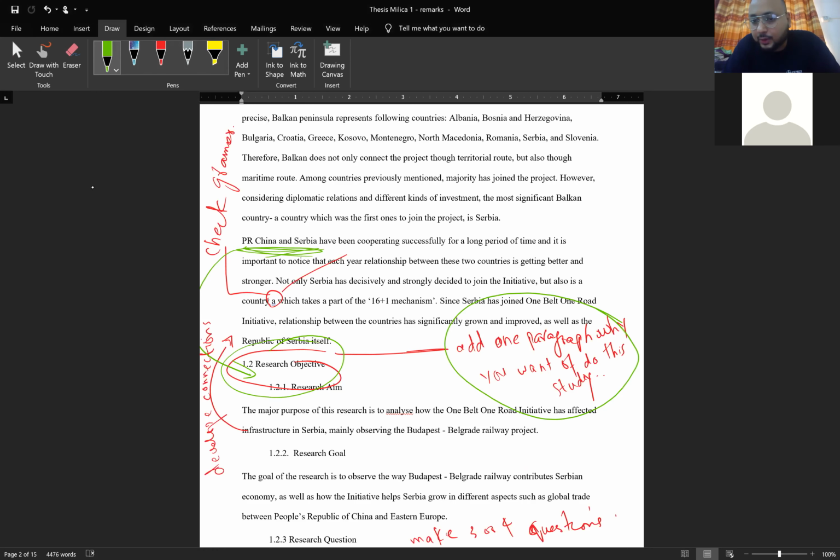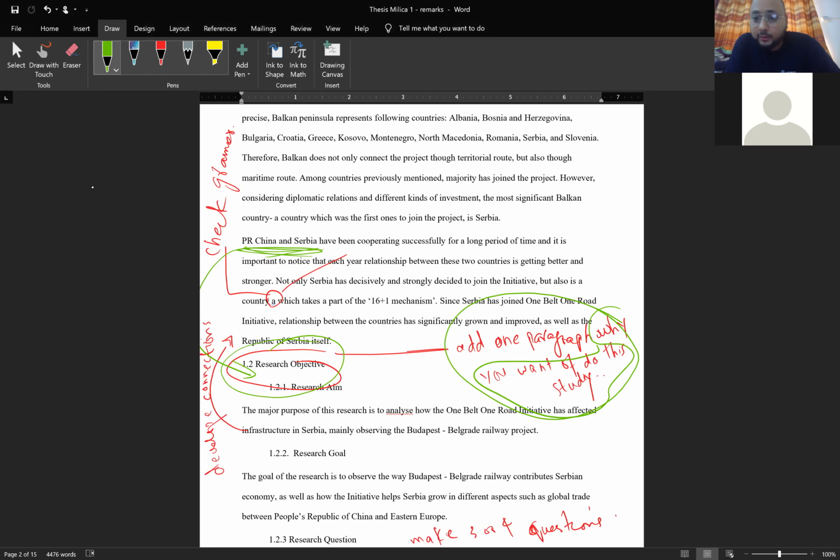Basically you have to mention the answer to why you want to do this study. The above studies shed some light on the importance of this topic, on the importance of railway projects and supply chain management.